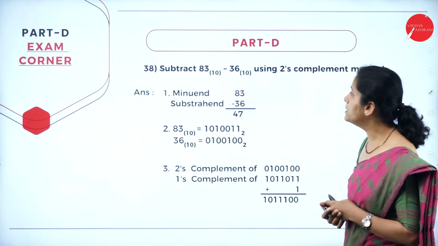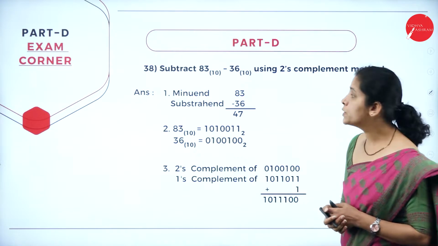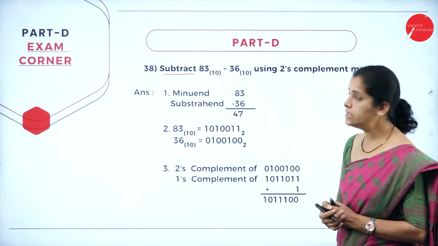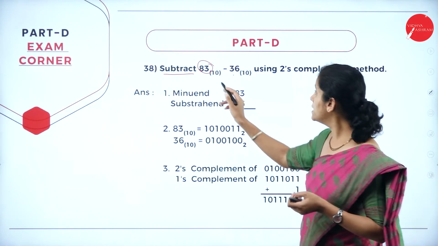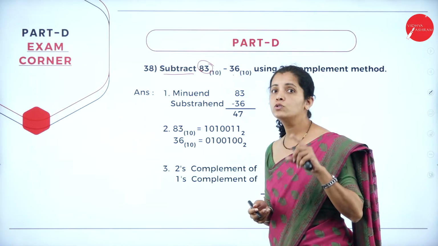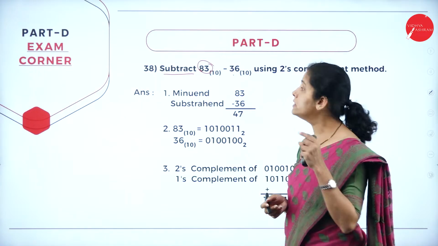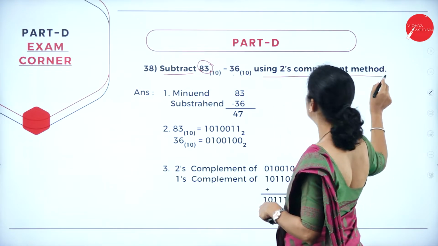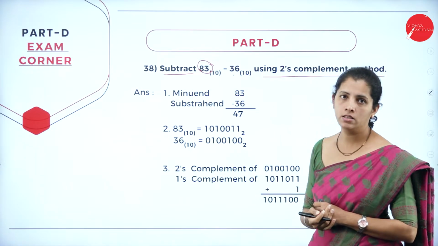Now, let me consider another question, that is subtract 83. This is my decimal number. Now I want to subtract 36 from 83 using the 2's complement method.